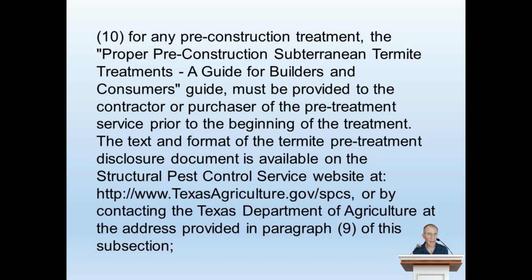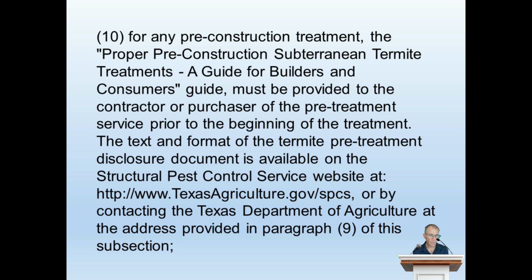10. For any pre-construction treatment, the proper pre-construction subterranean termite treatments, a guide for builders and consumers guide, must be provided to the contractor or purchaser of the pre-treatment service prior to the beginning of the treatment.